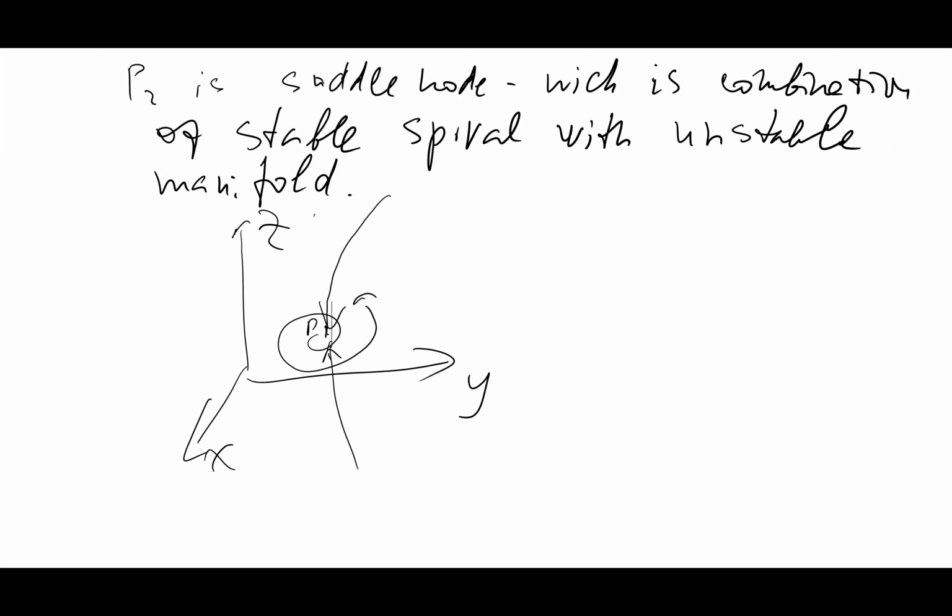P2 is the other way around. There is a stable spiral, so there is convergence here and divergence here. And this combination can result in formation of loops, of limit cycles. So how does it work? This goes here, and this goes there eventually. And this way we can get a limit cycle.